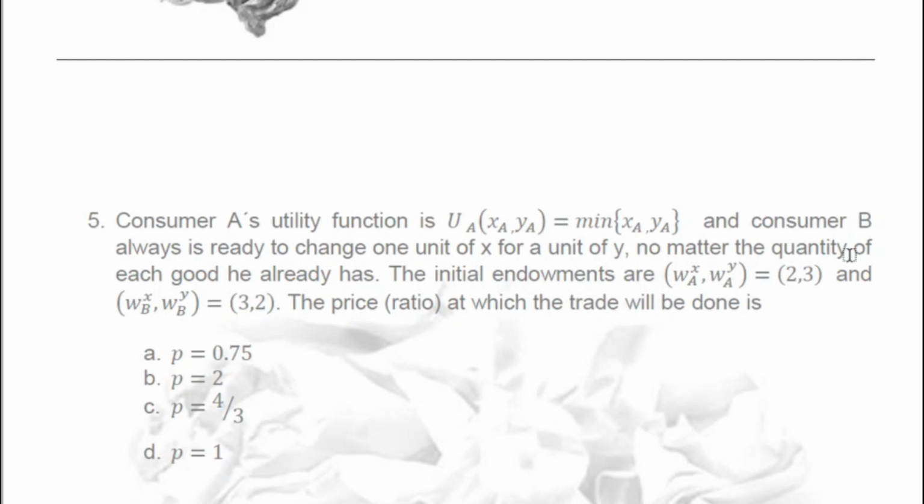5. Consumer A's utility function is this one. Consumer B's exchange rate is the same situation as before, but now the question is the price or price ratio at which the trade will be done. Now we know that the consumer with perfect substitutes will tell the price at which the exchange will be made.